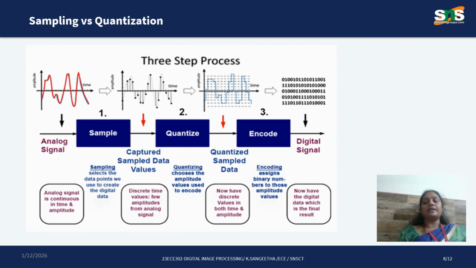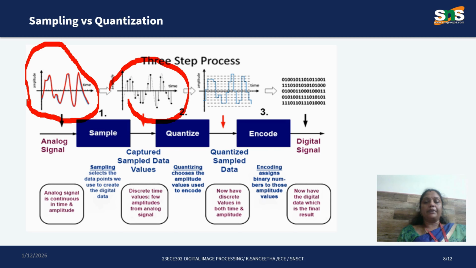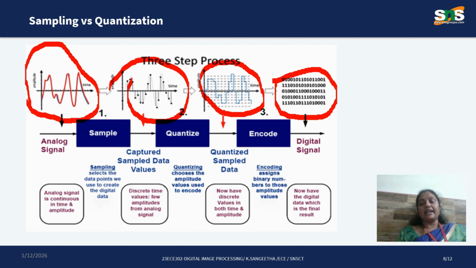So this is the three-step process, and here we apply the analog signal and it undergoes sampling. There are three processes involved: sample, quantize and encode. Here we are digitizing the amplitude and it is mapped, or rounded off, to the gray value. Then it is encoded in binary, and we get the digital signal at the output.